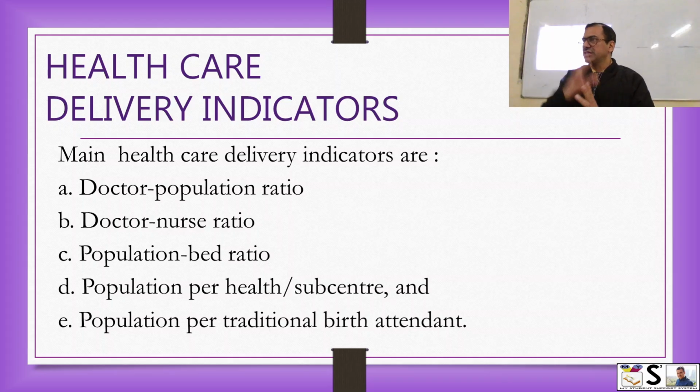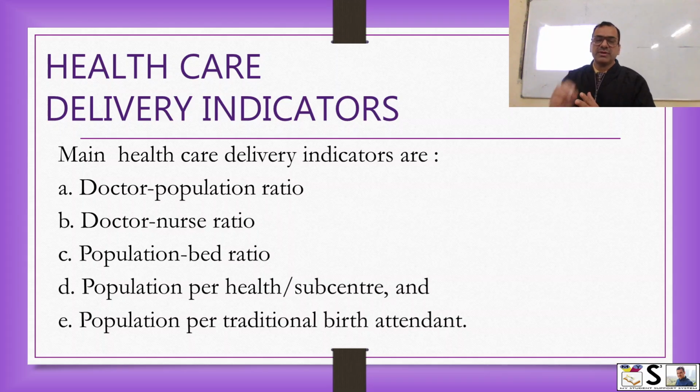Population per health sub center. Okay, ideally one health sub center should cater to how much population? 3 to 5,000 population, but in our country one sub center normally caters 10,000 or sometimes even 15,000. So how much population that particular center is covering also shows the healthcare delivery indicator.